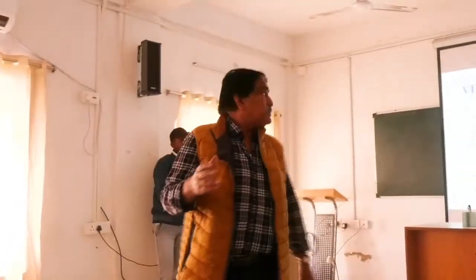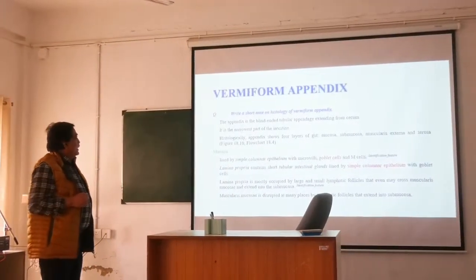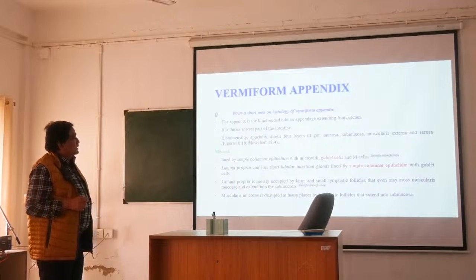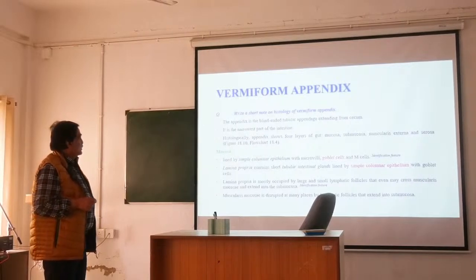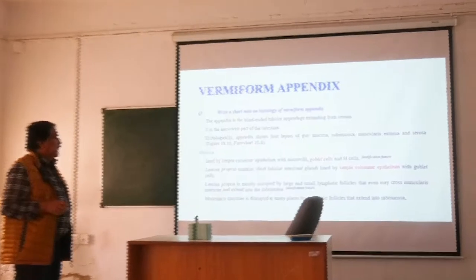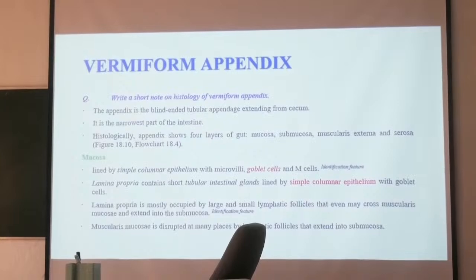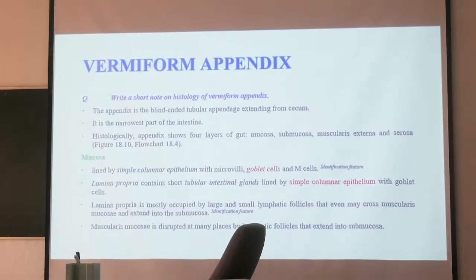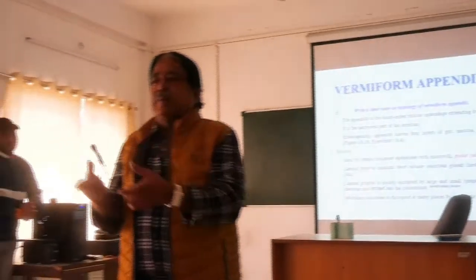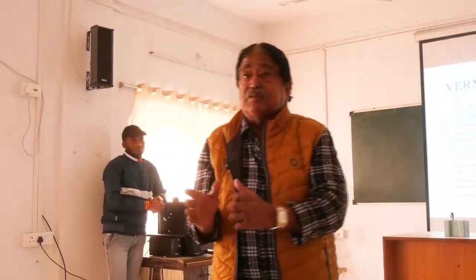Now, it is lined by simple columnar epithelium with microvilli and goblet cells, and the lamina propria contains tubular intestinal glands. Lamina propria is mostly occupied by large and small lymphatic follicles that may even cross the muscularis mucosae and extend into the submucosa. This is the identification feature.